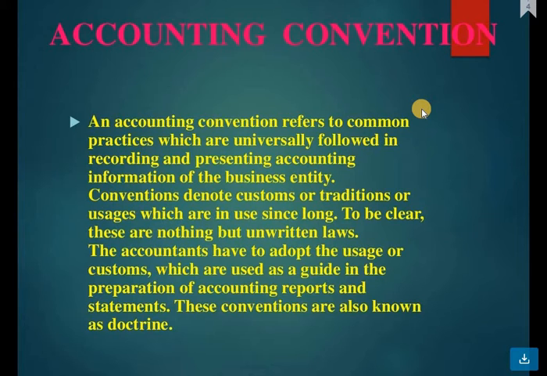Conventions denote customs or traditions or usages which are in use since long. To be clear, these are nothing but unwritten laws. The accountants have to adopt the usage or customs which are used as a guide in the preparation of accounting reports and statements. These conventions are also known as doctrine.